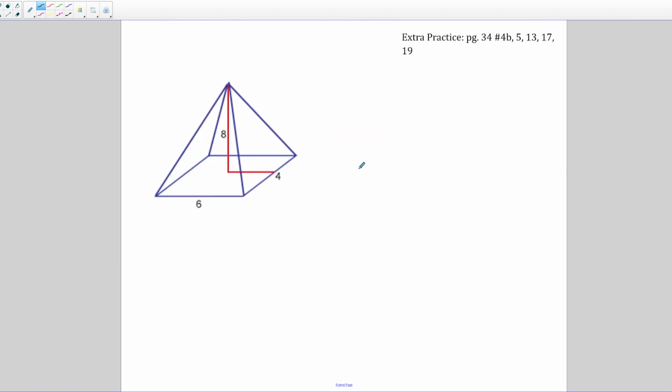Before we start this problem, let's take a look at why exactly we have to consider 2 different slant heights for a rectangular base pyramid. Let's say I take a rectangular base pyramid with a really exaggerated length and a much shorter width than usual.